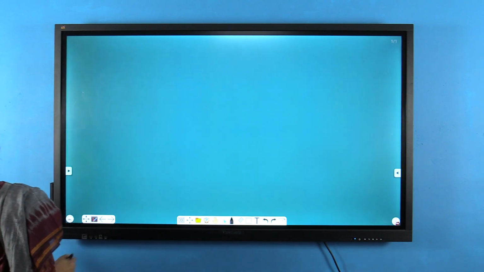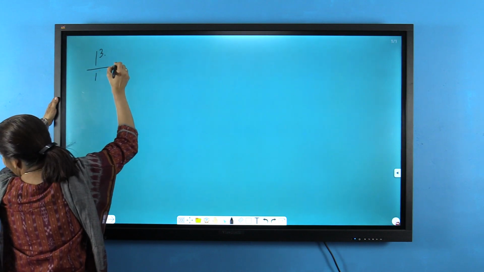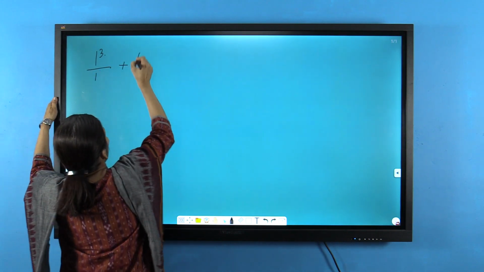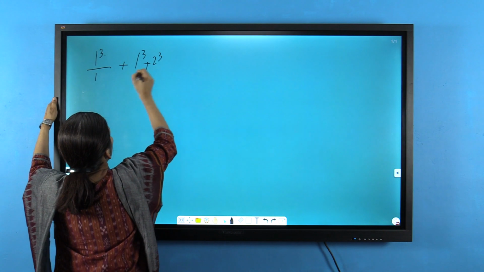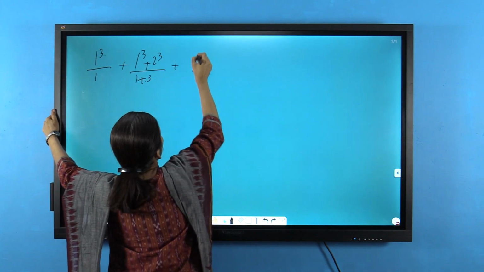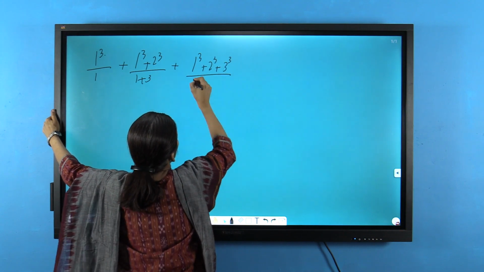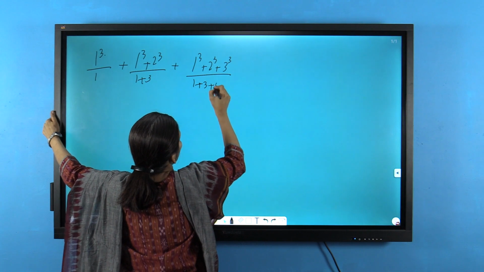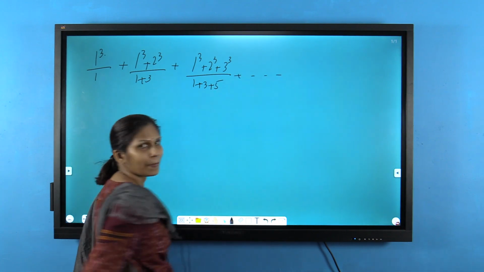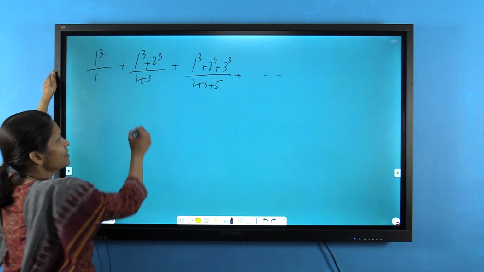Now another one. Find the sum to n terms of the sequence 1 cube by 1 plus 1 cube plus 2 cube divided by 1 plus 3 plus 1 cube plus 2 cube plus 3 cube divided by 1 plus 3 plus 5 and so on. So, let us write down the general term of a sequence like this.